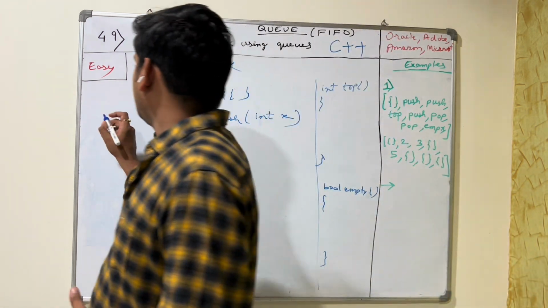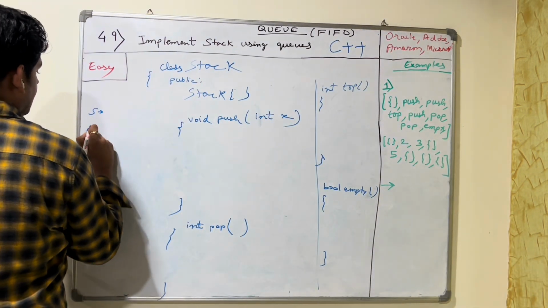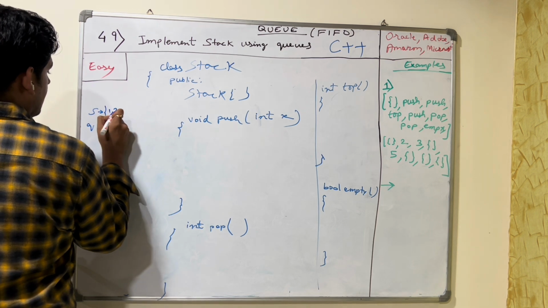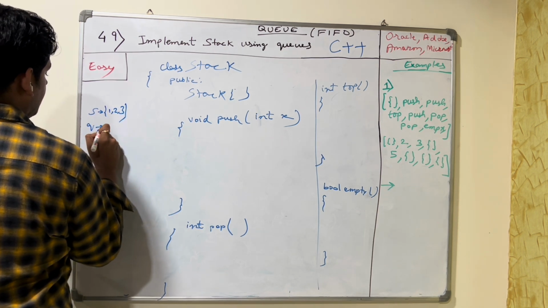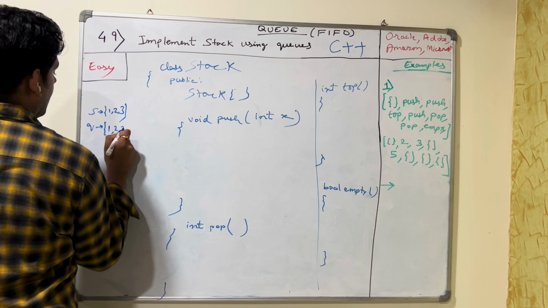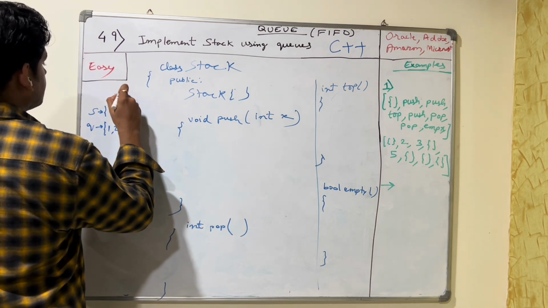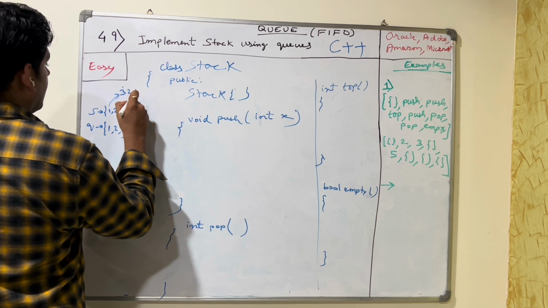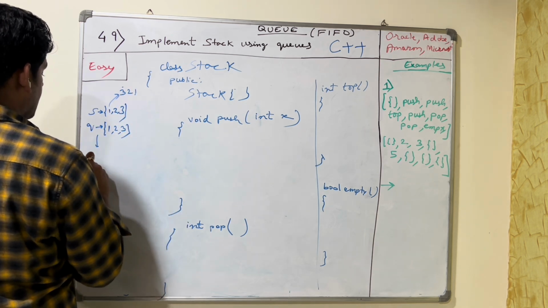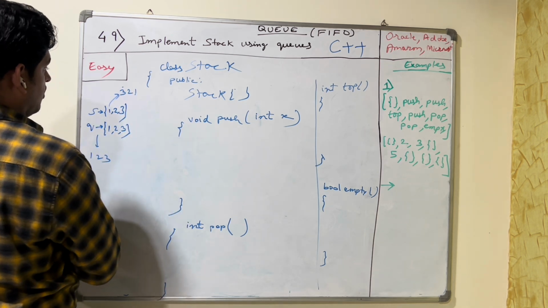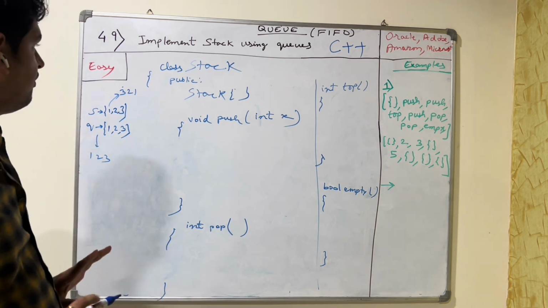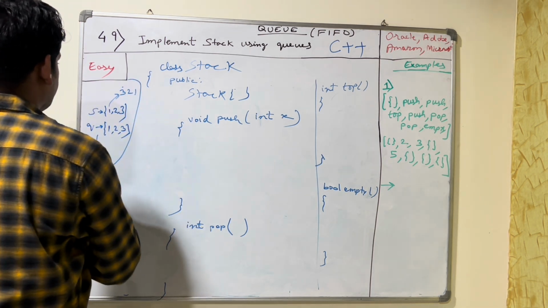For stack, when we insert 1, 2 and 3, and the same thing when we insert in the queue 1, 2, 3, when we pop out from stack it becomes 3 to 1, but when we pop out from queue it comes in the same order 1, 2, 3, right? So this is the difference between stack and queue.